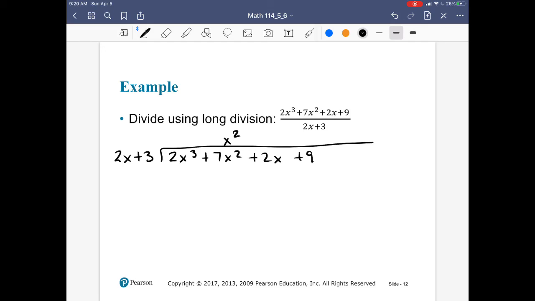So x squared times 2x, that's 2x cubed. A positive times a positive makes it a positive, but we change the sign, so that's a negative. Then x squared times 3, that's 3x squared. A positive times a positive makes it a positive. We change the sign, so that's a negative. We do the math, cancel. 7 minus 3 is 4x squared. Bring down the next one, so 2x.